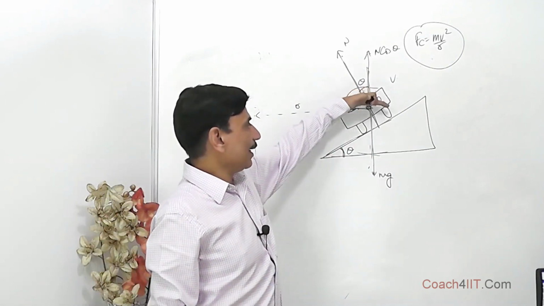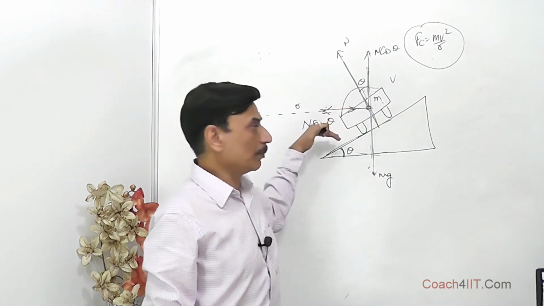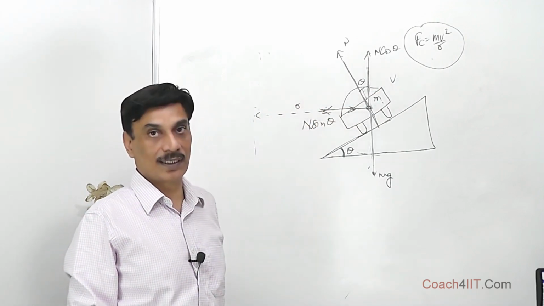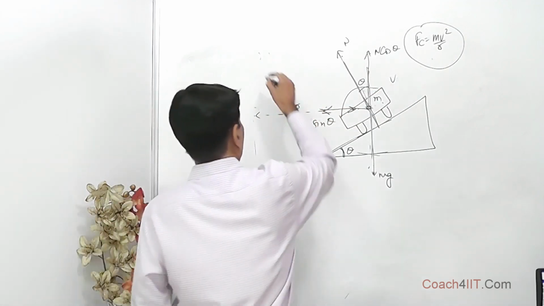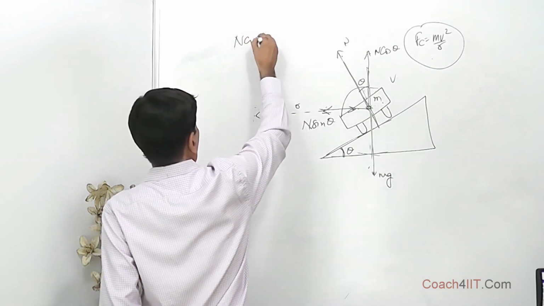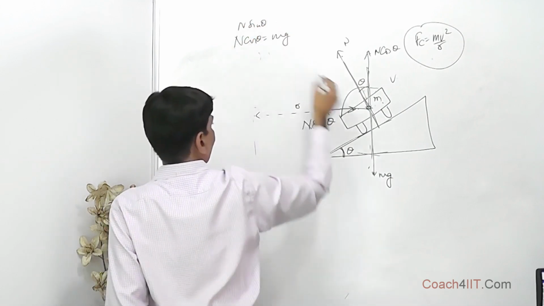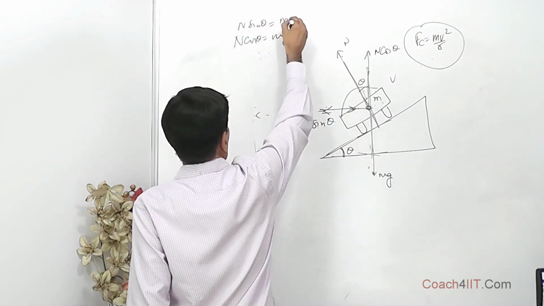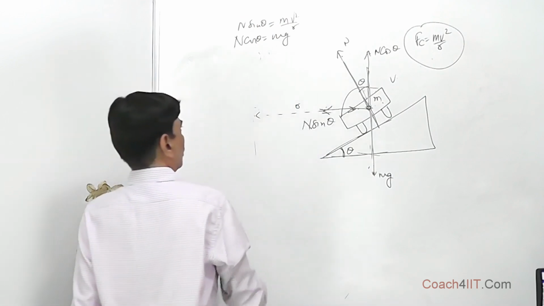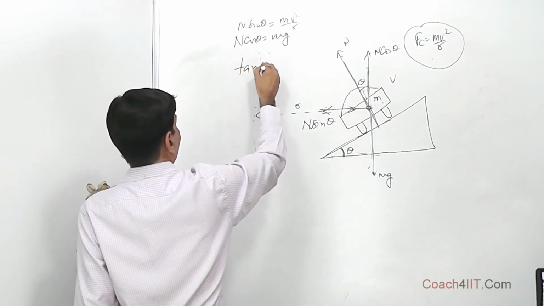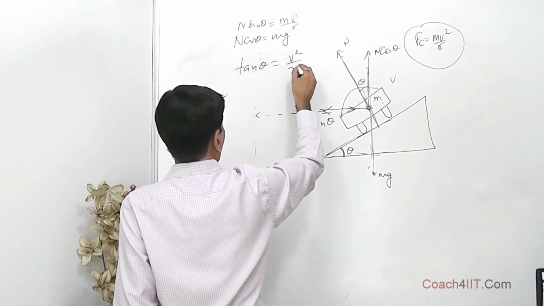It is navigating a circle at one level only, not going up or coming down, so N cos theta is equal to mg, and N sin theta meets the requirement of centripetal force mv square upon r. So tan theta is equal to v square upon rg.